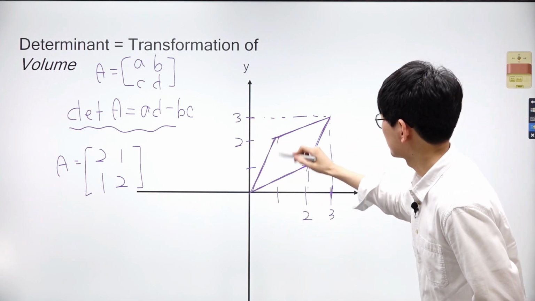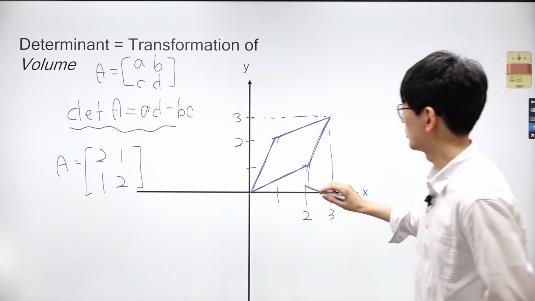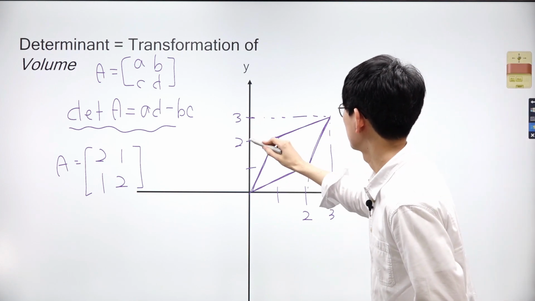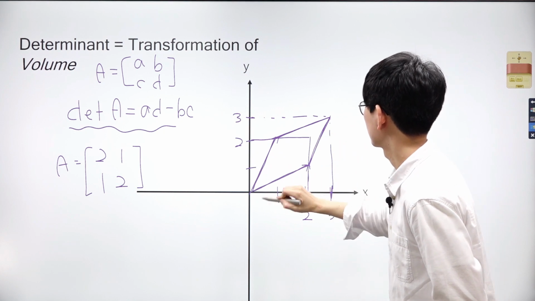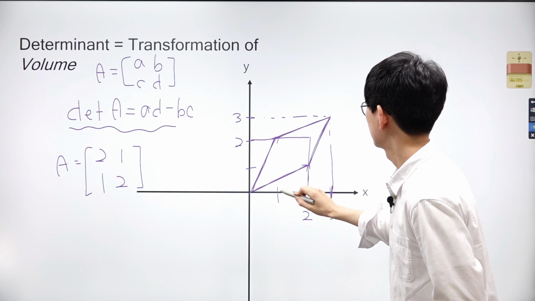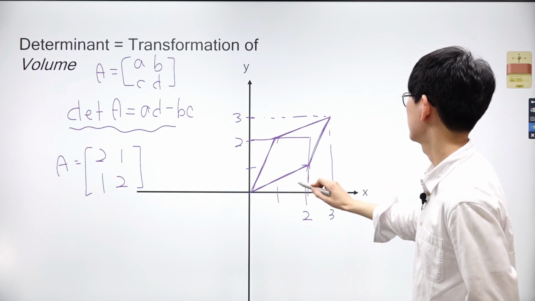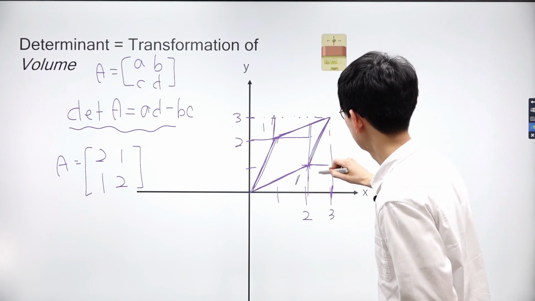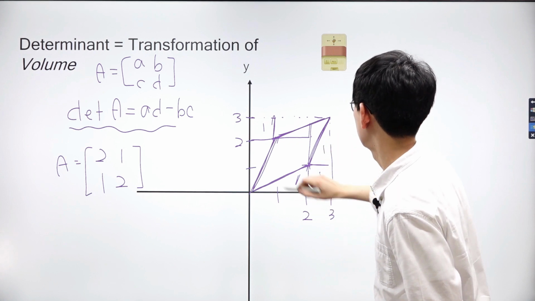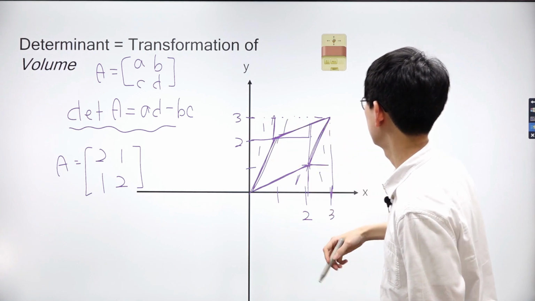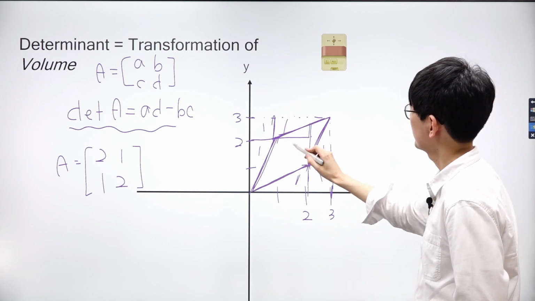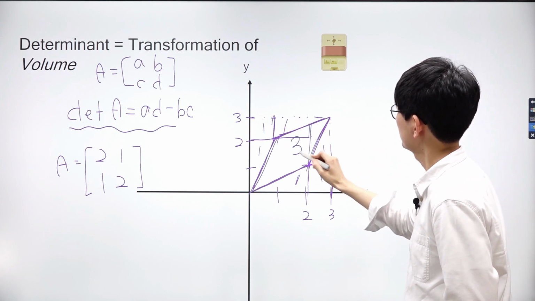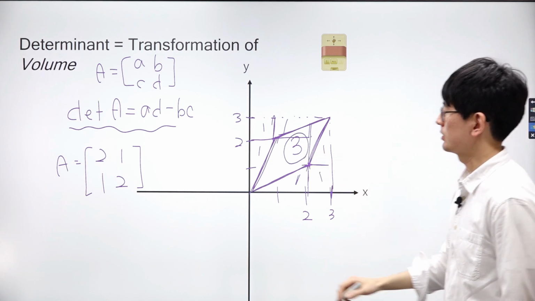Now let's calculate the area inside the parallelogram formed by these vectors. One straightforward method to calculate the area is by dividing the parallelogram into smaller pieces like this. Considering that the area of the square containing the parallelogram is 9 and the area of the space not covered by the parallelogram is 6, we find that the area of the parallelogram is 3.